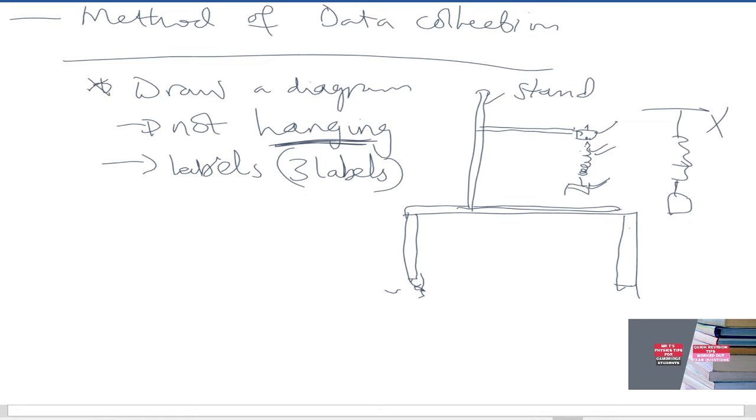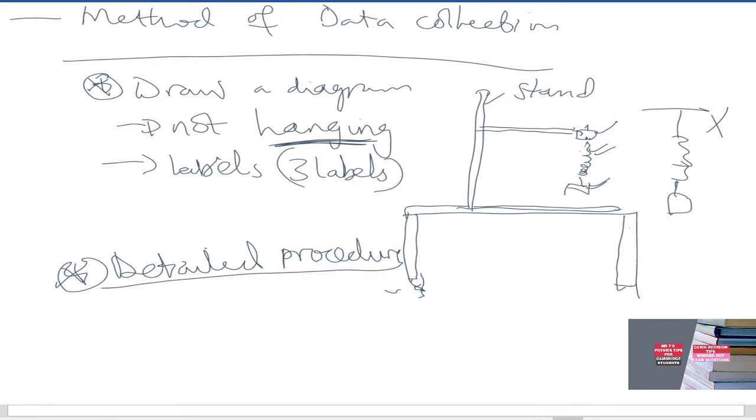So diagram is number one under methods of data collection. Number two, you have a detailed procedure, very, very important. In the detailed procedure, if you are measuring the length using a meter rule, then you must say measure L using a meter rule.